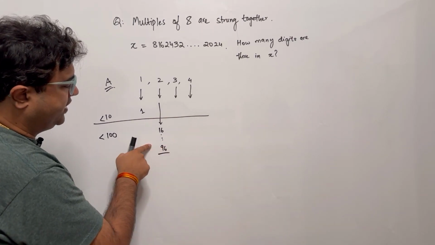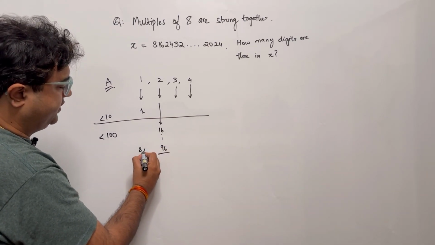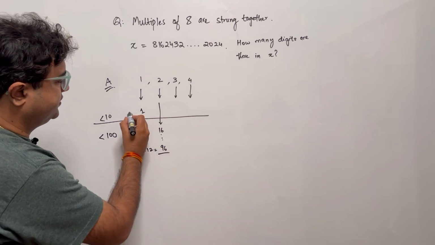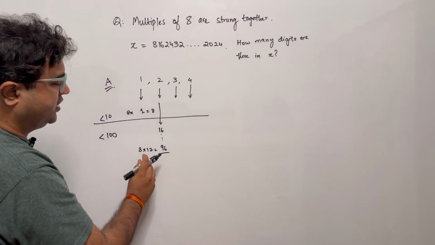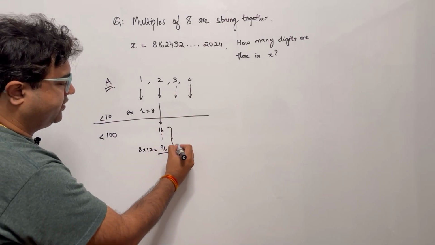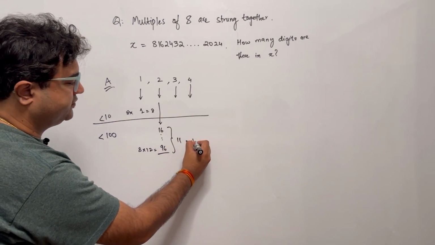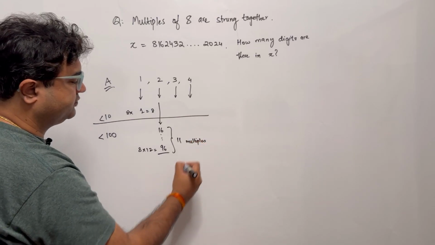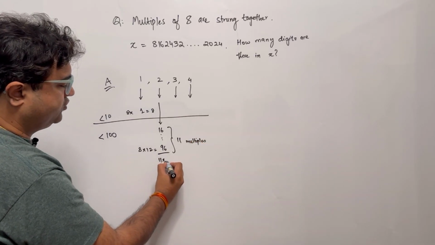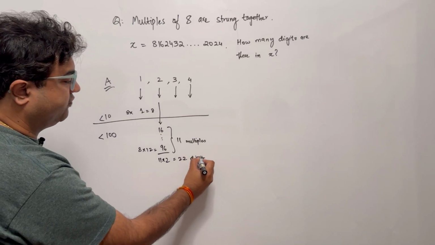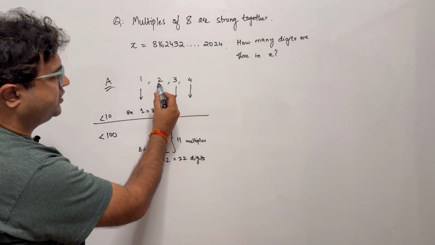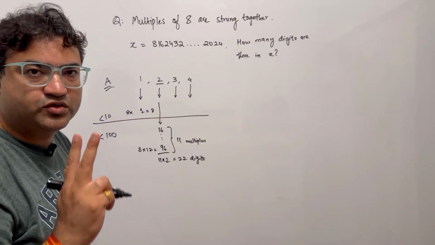In total, 8 into 12 is 96, and this is 8 into 1 is 8. So in total here, 11 multiples. So 11 into 2 is 22 digits will come from multiples of 8 which have 2 digits.